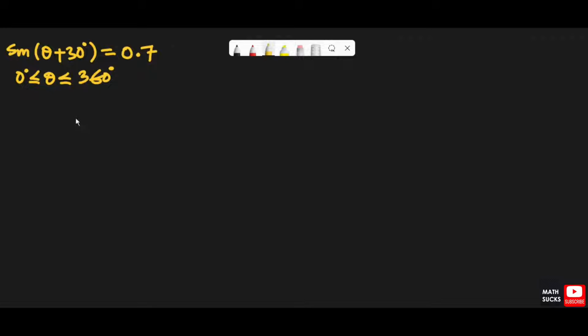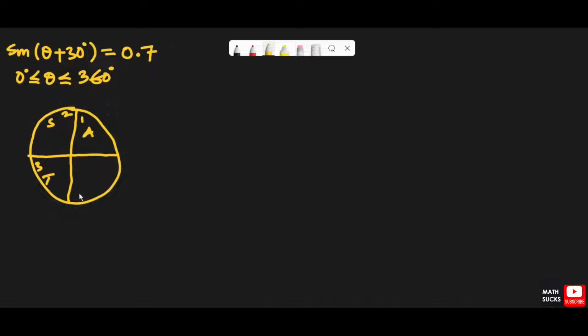So we need to revisit our quadrants and recall that if you have a circle with all these quadrants, in the first quadrant all the ratios are positive: tan, sine, cos, and all that. In the second quadrant sine is positive, in the third quadrant tan is positive, and then in the fourth quadrant only cos is positive.